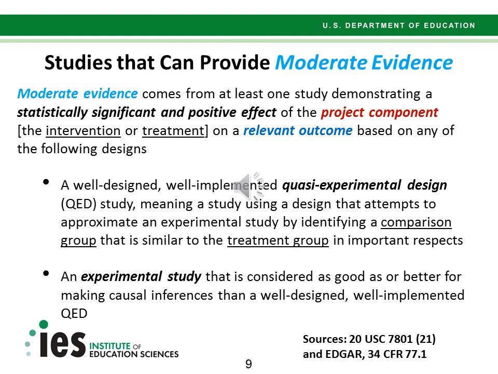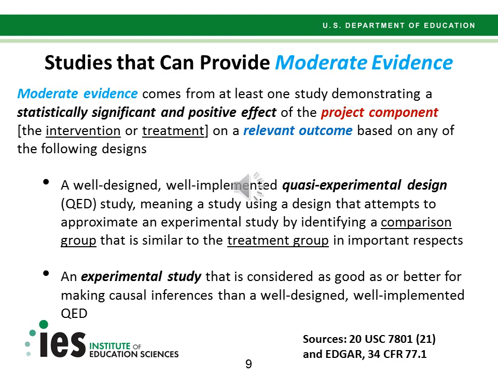Depending on its design and implementation, a QED study can meet What Works Clearinghouse group design standards with reservations. A randomized controlled trial receiving the same rating from the WWC would be an example of an experimental study that could also provide moderate evidence.